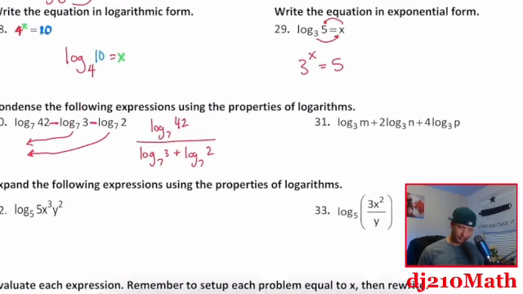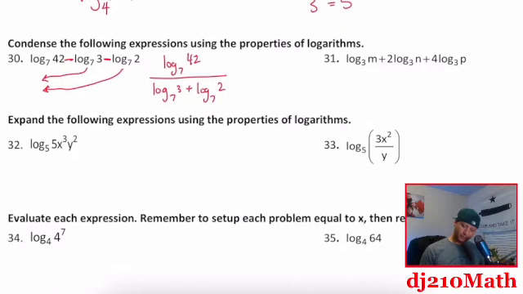All right, 31. Okay, so these are slightly different. Remember, the numbers are the powers. That goes up. This goes up. And they're all being multiplied. So log base 3 of m times n squared times p to the fourth power.